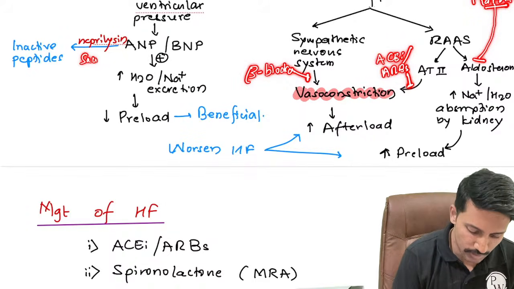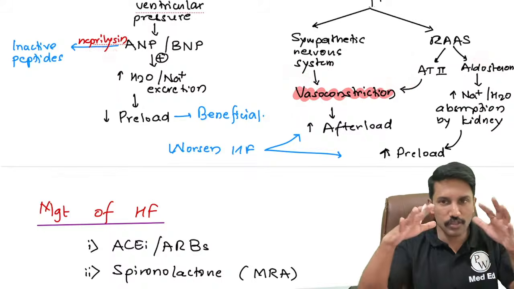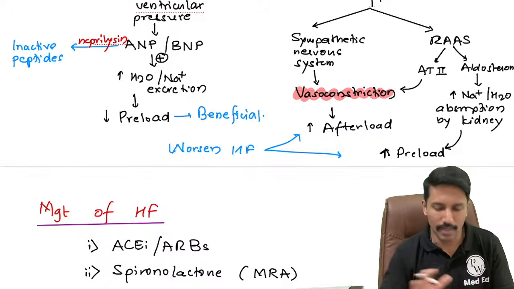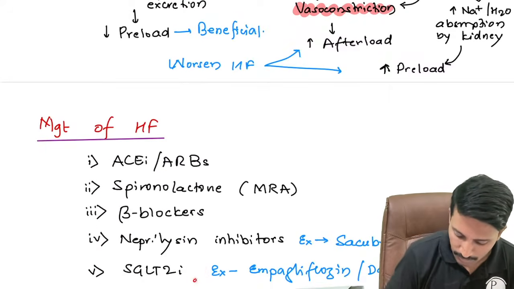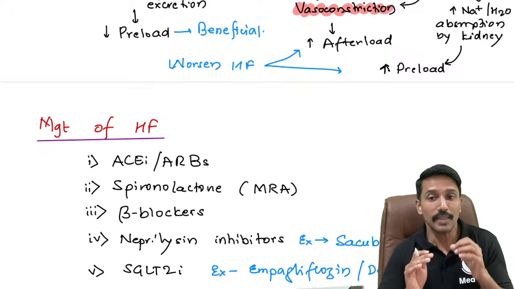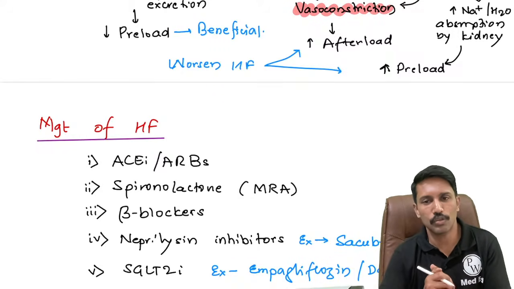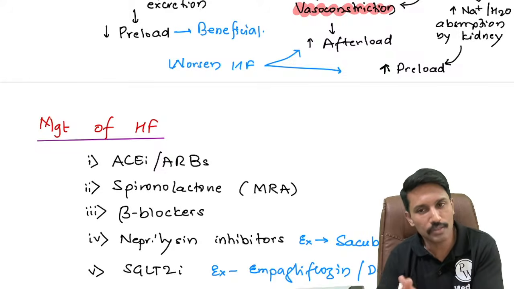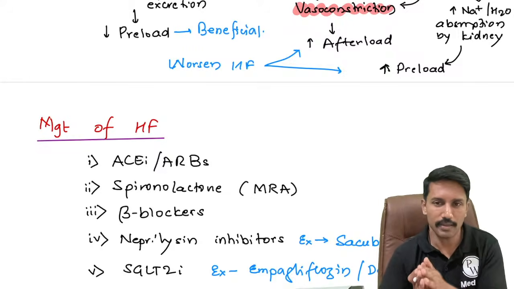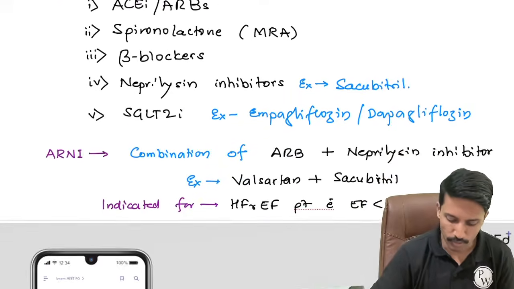Then sacubitril is blocking this neprilysin activity. So this way we can beautify our answer when it comes to the exam. Last thing, why we are giving SGLT2 inhibitors? SGLT2 inhibitors increase the urinary loss of glucose. Because of that, it also exerts some diuretic effect, and thus it reduces the preload, decreases the BP, reduces the cardiovascular mortality. Okay.